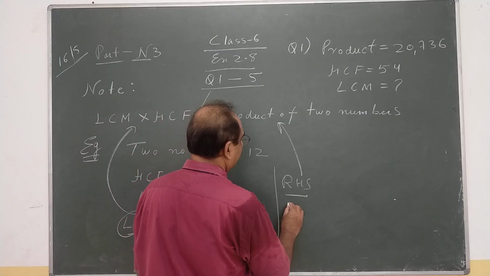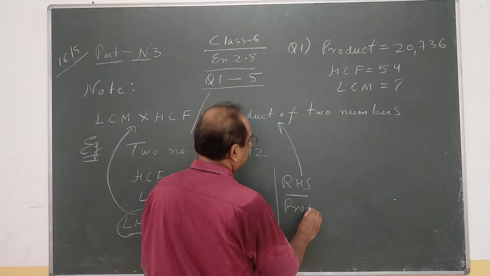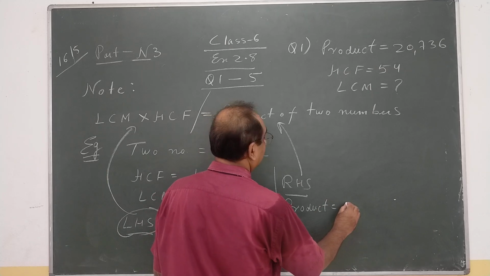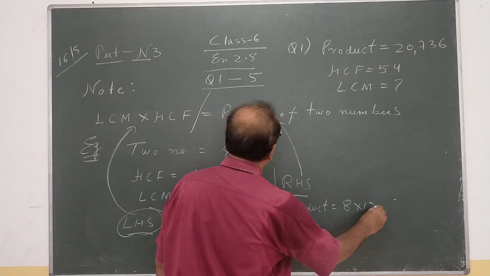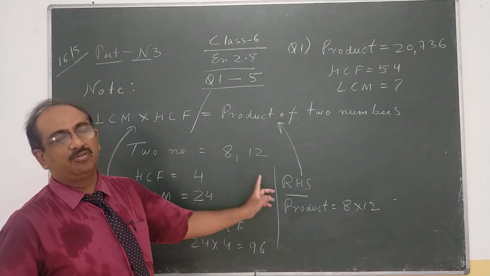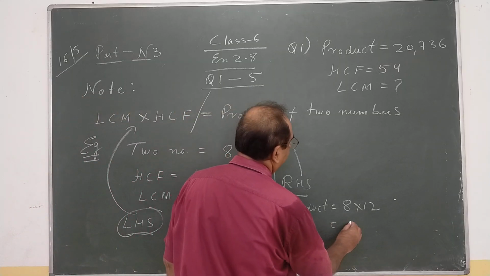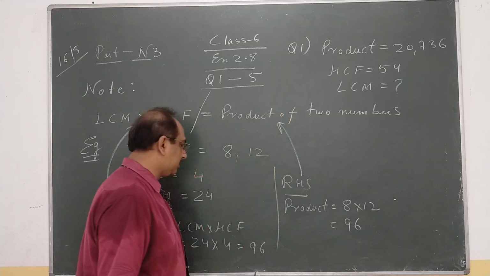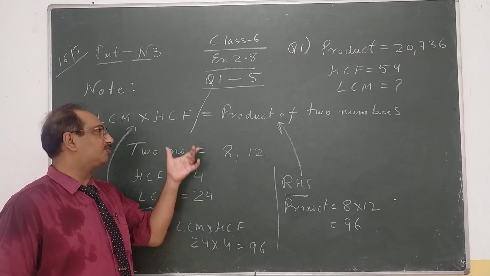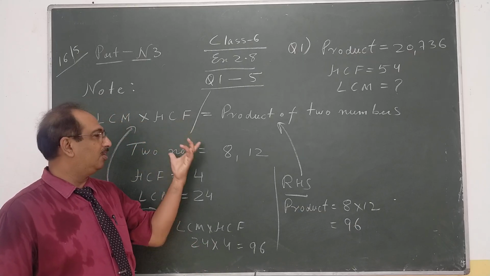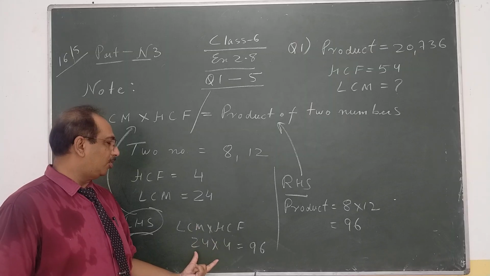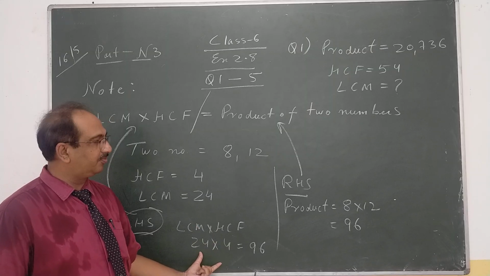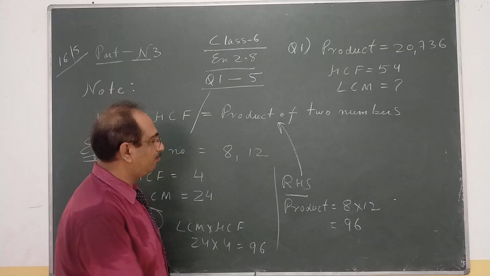The product of the two numbers is 8 into 12. One number is 8, one number is 12. The product of the two numbers is 96. So you see, this formula is true for my example. The product of LCM into HCF is equal to the product of the two numbers.